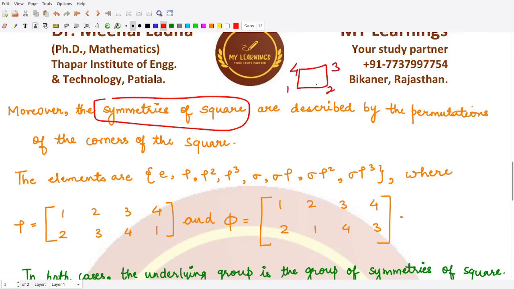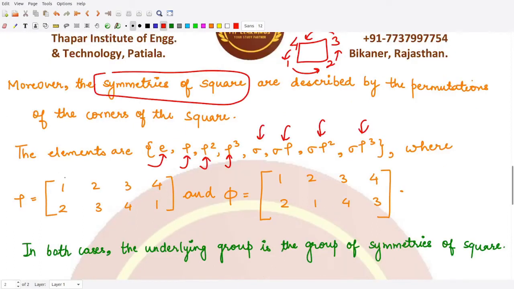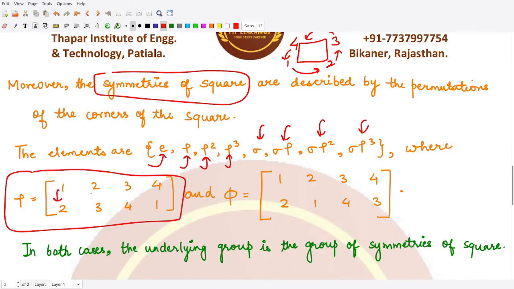Then we may define the rotations like this: 1 goes to 2, 2 goes to 3, 3 goes to 4, 4 goes to 1, and so on. All the elements are represented by these 8 elements: E, rho, rho square, rho cube, sigma, sigma rho, sigma rho square, and sigma rho cube. Here rho is defined by the permutation 1 goes to 2, 2 goes to 3, 3 goes to 4, 4 goes to 1, which corresponds to rotation.